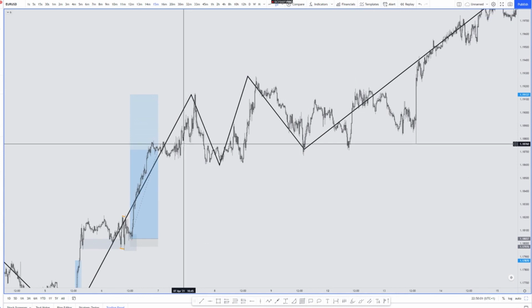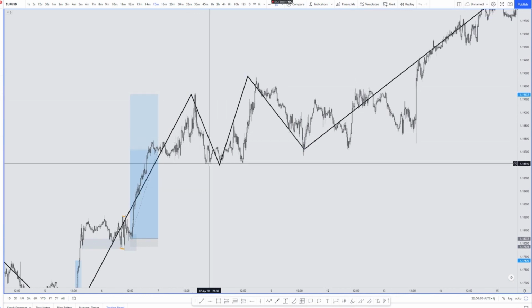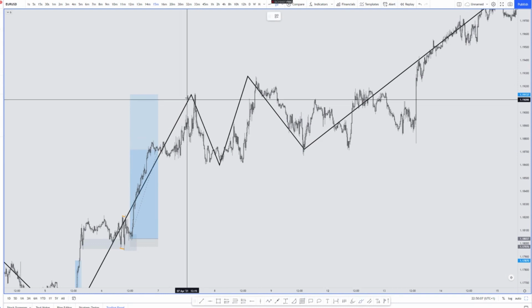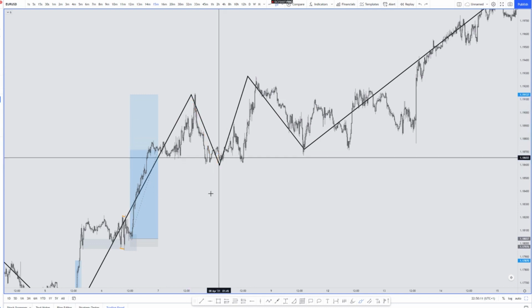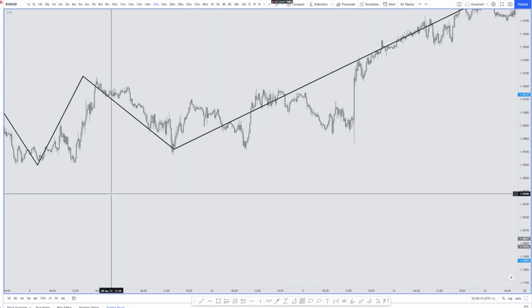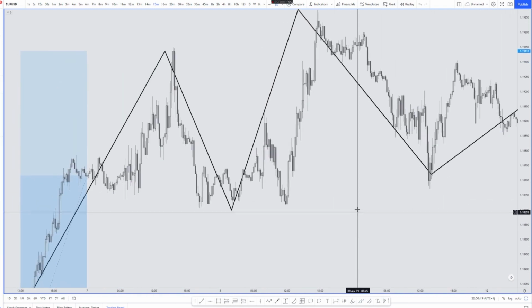Now this one, you may or may not have even caught this pullback as it pulled back and pretty much went the other direction pretty quick. And let's just zoom in on that. We can kind of look at it a little bit closer.